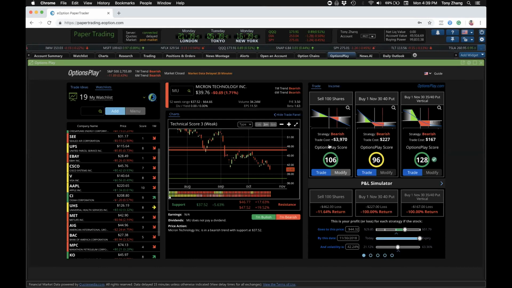So really important to make sure that you utilize these strategies, especially if you're bullish or bearish on an underlying stock. Being able to compare buying a stock to buying a call, or shorting a stock to buying a put, is really the start of being able to explore options and to use it as an alternative to simply buying a stock or shorting a stock.